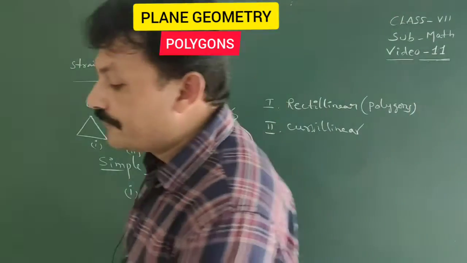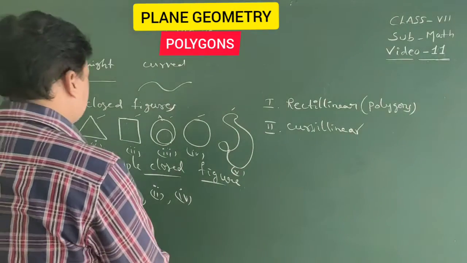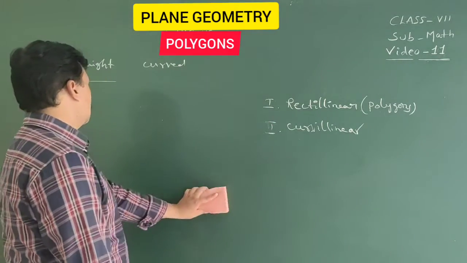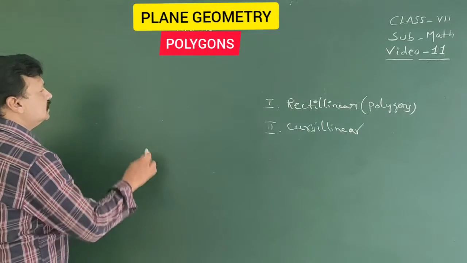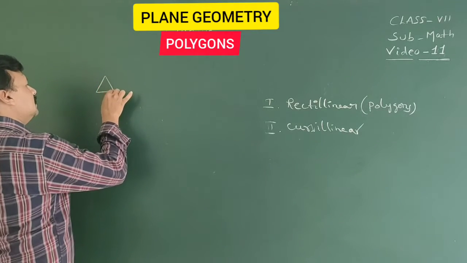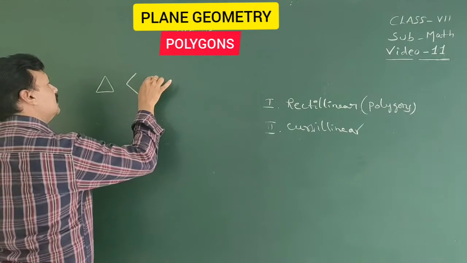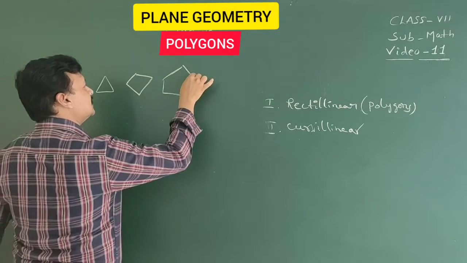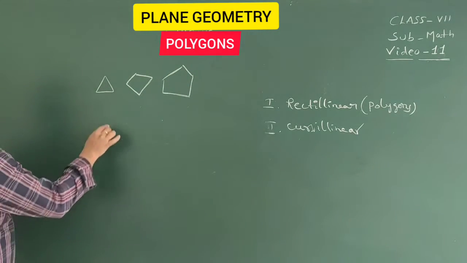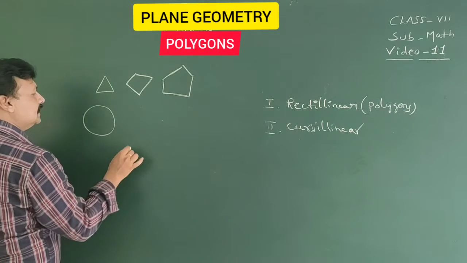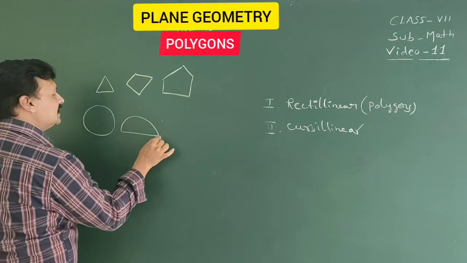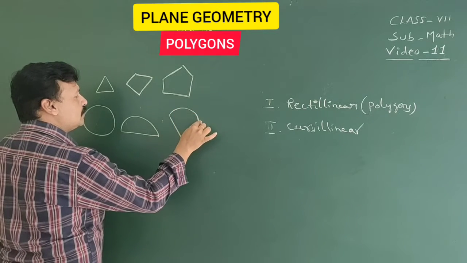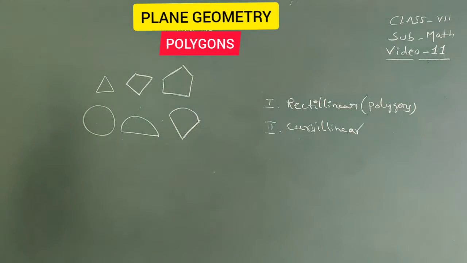Okay, examples of rectilinear and curvilinear figures. For rectilinear, we have triangle, quadrilateral, pentagon, figures like these. For curvilinear, circle, semicircle, cone or sector.